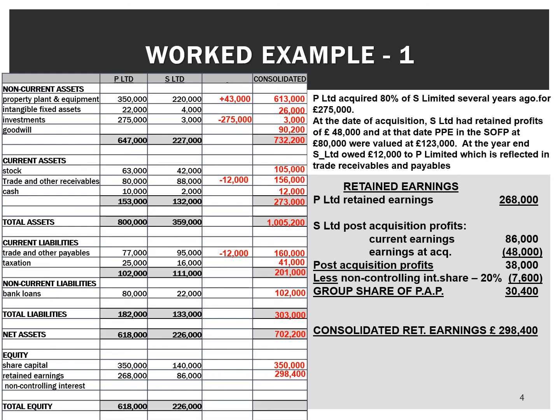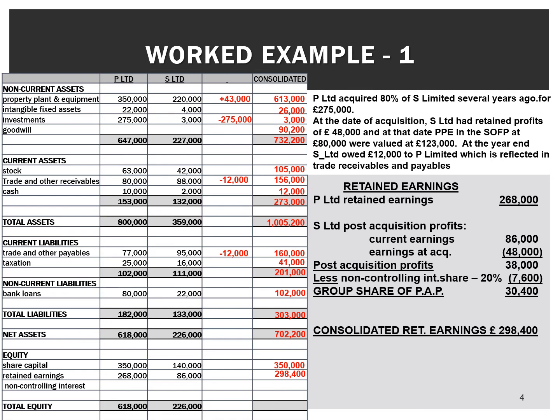The final thing we've got to calculate is the value of the non-controlling interest. In past exams, if you were pushed for time and you were fairly confident about the other figures, then clearly you could calculate that non-controlling interest figure as a balancing figure, because we know that the total equity has got to equal the net assets of 702,200.